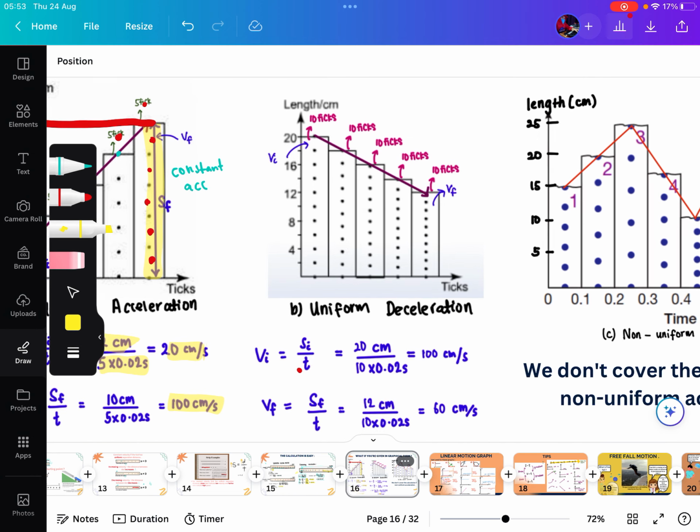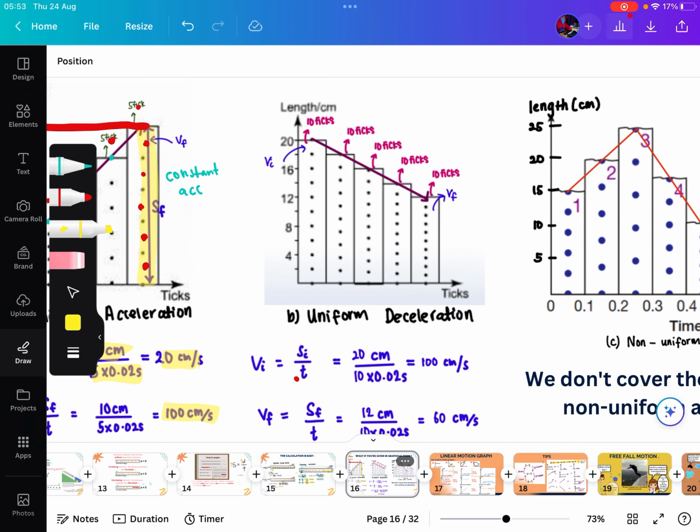So you do the same thing with the uniform deceleration. Remember that this is the initial position, and then this is final.